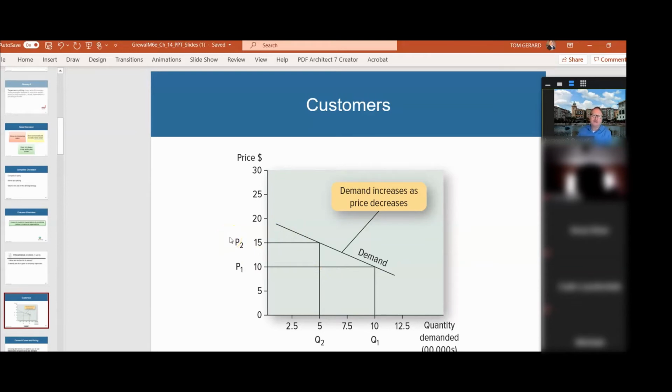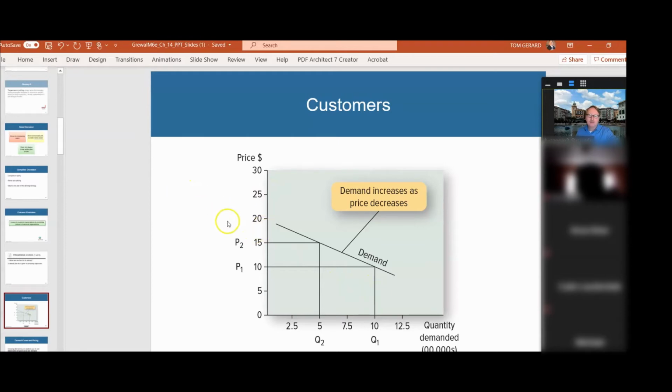On the inverse side, as we raise our price, the demand goes down, right? So we're always, as a business, doing this on all of our products. Now think about something like Frito-Lay or Procter & Gamble or Unilever that has literally thousands of products. You're doing this on every product.